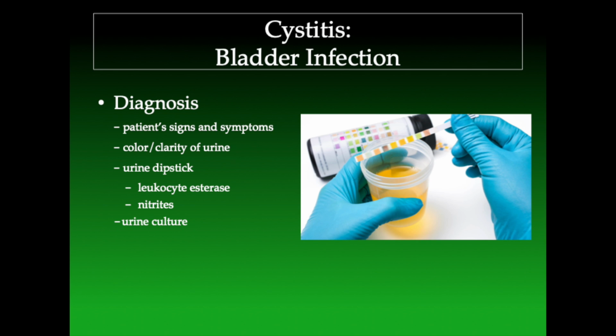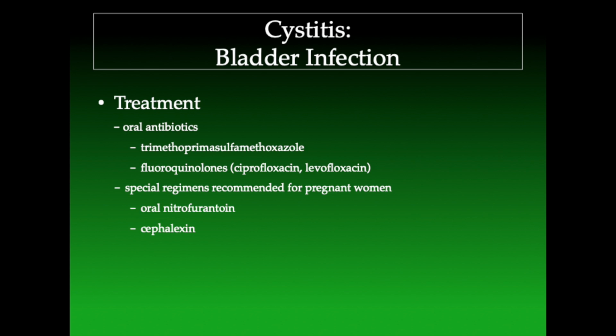Sometimes a urine culture is performed to determine the type of bacteria in the urine so the doctor can prescribe the appropriate antibiotic. If a culture is not performed or if the bacteria cannot be identified, the doctor will prescribe a broad spectrum antibiotic. Doctors usually prescribe oral antibiotics for patients with cystitis.